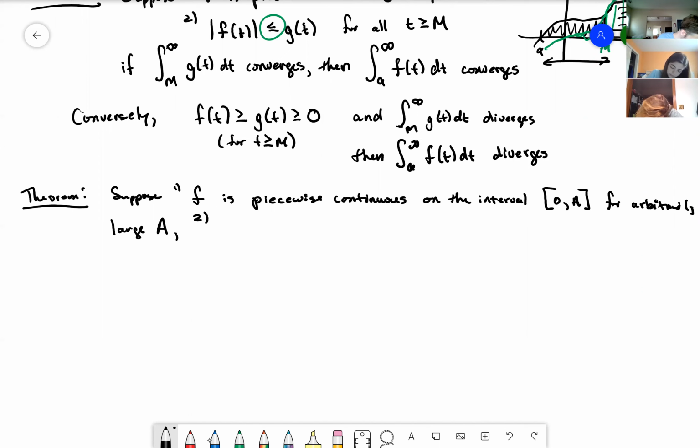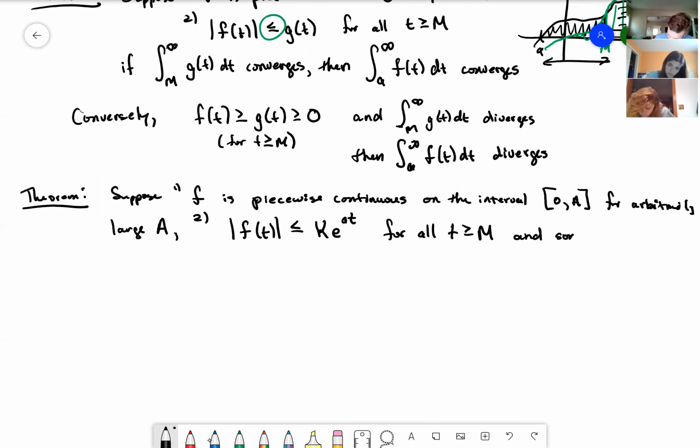Two, we have that the absolute value of f is bounded by an exponential, K e to the a t, where K is some constant, for all t greater than or equal to m, for some K, a, m.